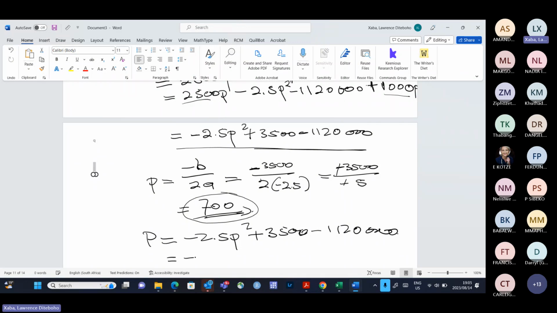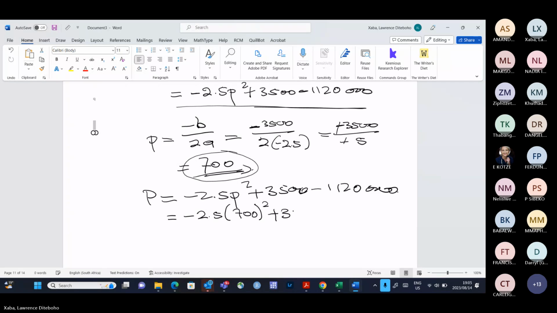Then we ended up having negative 2.5, 700 to the power 2, plus 3,500, I think there must be P here, then we put 700, close brackets, minus 1,120,000. Okay, then we simplify.